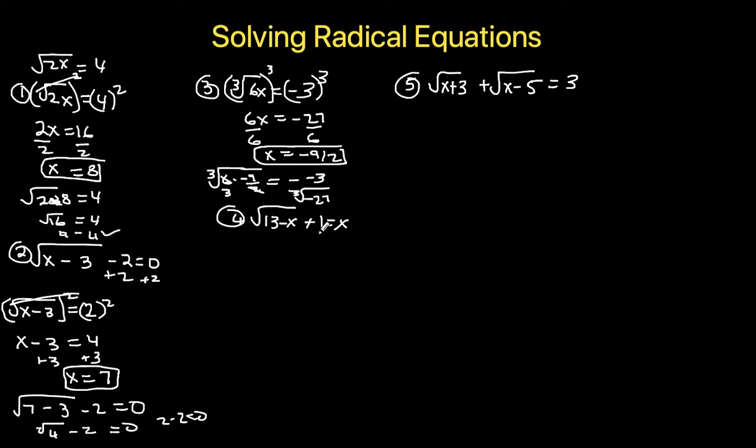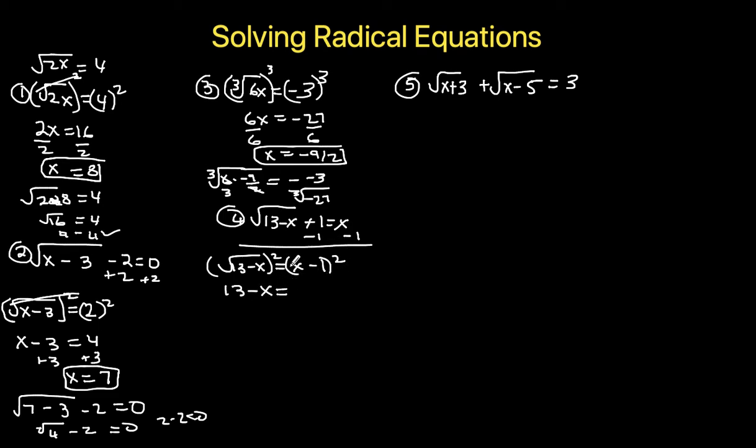Okay, number 4. This is a plus 1, so subtract 1 on both sides. We'll get square root of 13 minus x equals x minus 1. That's a 13. Square both sides, now that the square root's by itself. That's going to cancel to get 13 minus x.